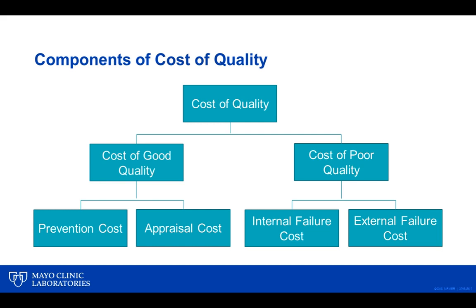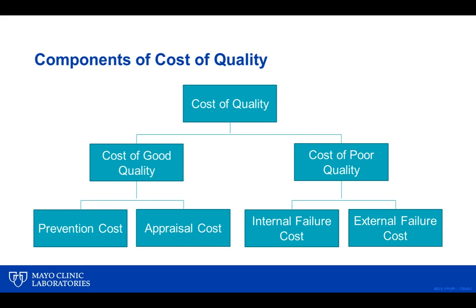Remember, cost of good quality is the money you proactively spend in the lab to attain good quality, and cost of poor quality is the money you spend to fix problems, which we don't want to see. On the left-hand side, the cost of good quality can also be broken down into two: prevention cost and appraisal cost.